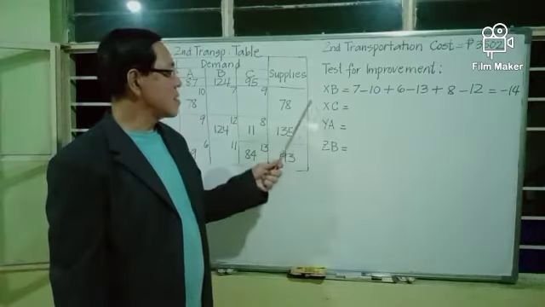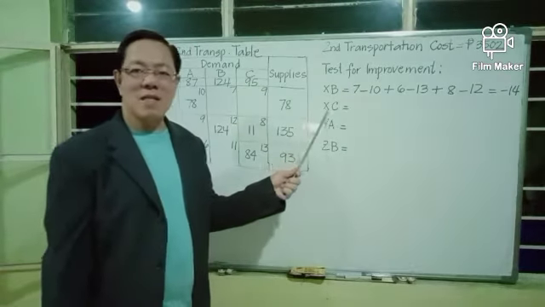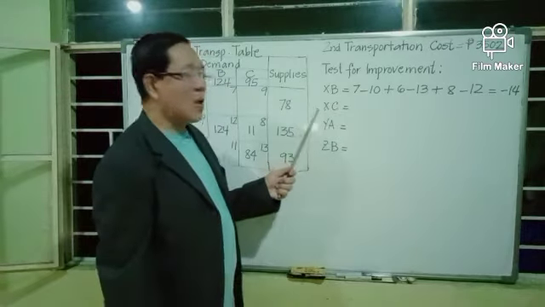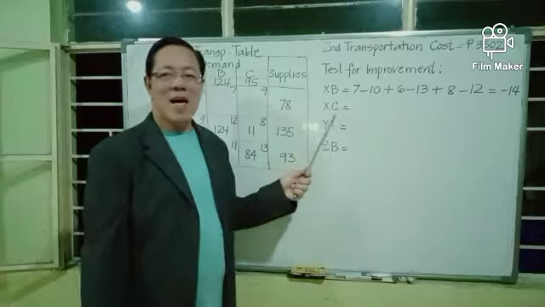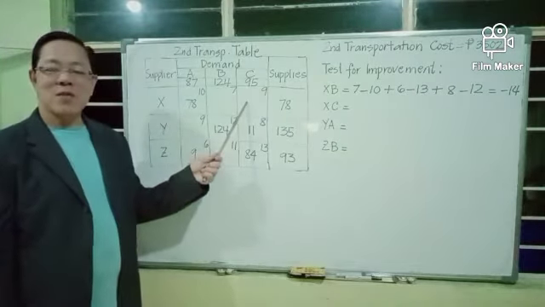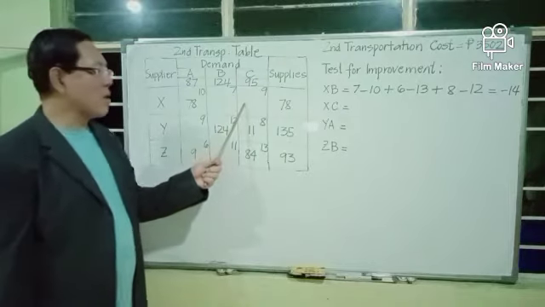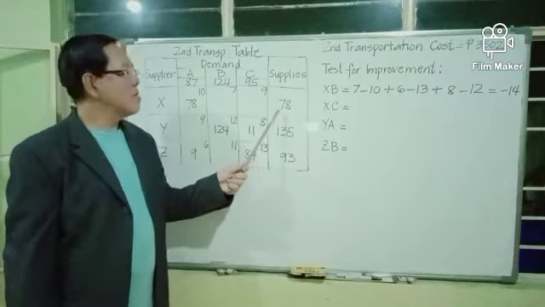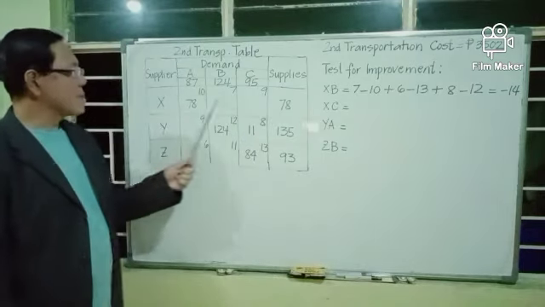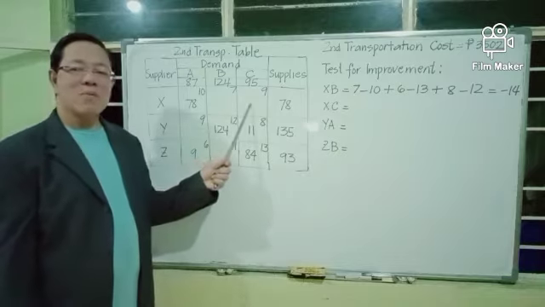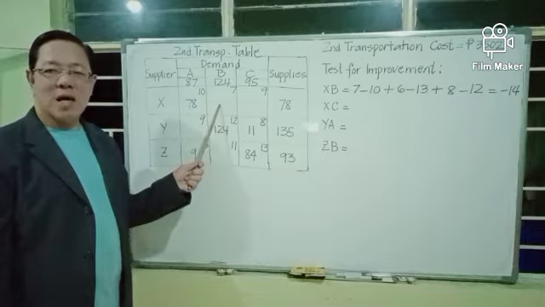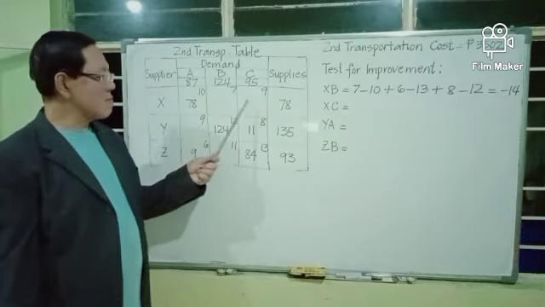But we will not yet transfer some units to this vacant cell XB because we still have other vacant cells to consider. The next vacant cell is XC, and again we trace a closed path for the vacant cell XC. Again, the first move is horizontal, and we do not move horizontally to the right because these are the supplies of supplier X. Hence, from XC, we move horizontally to the left, but we do not stop at this cell because it is vacant.